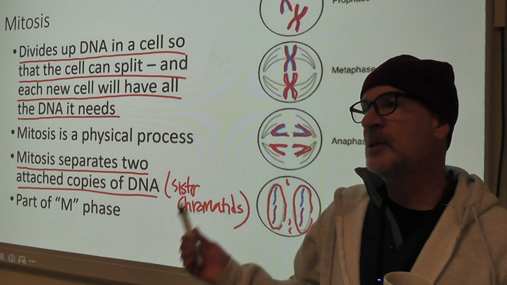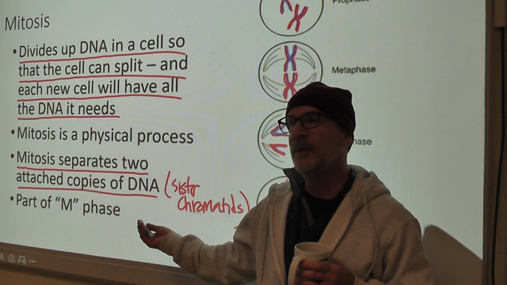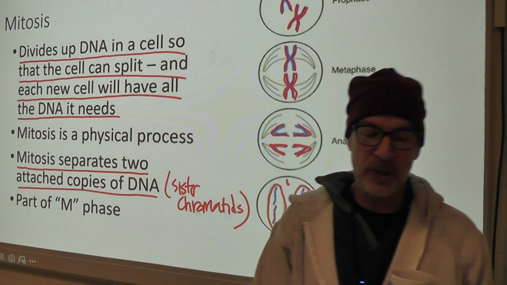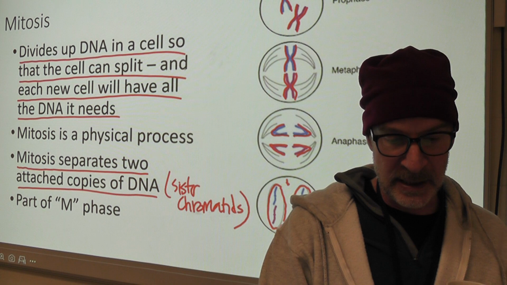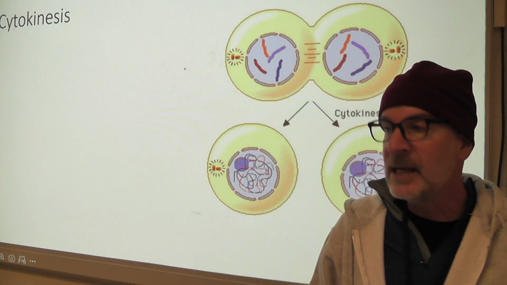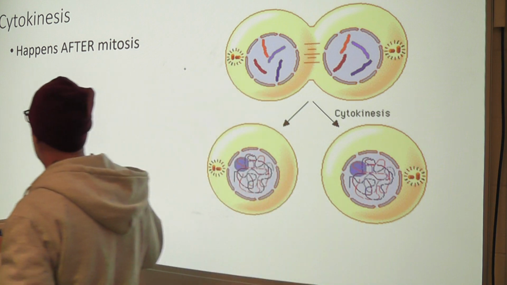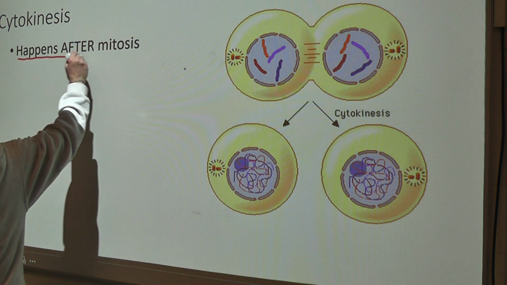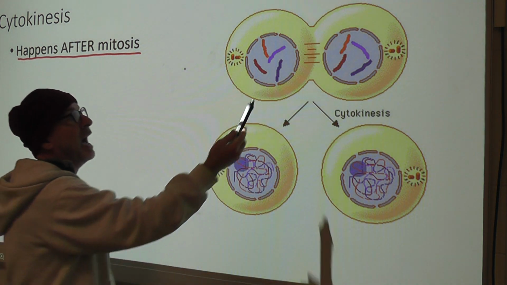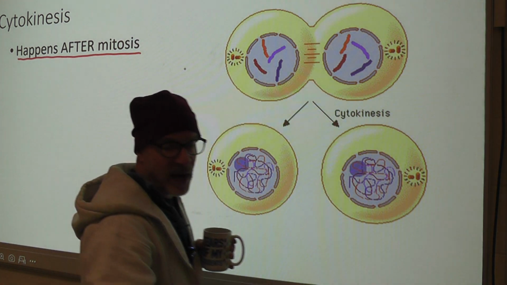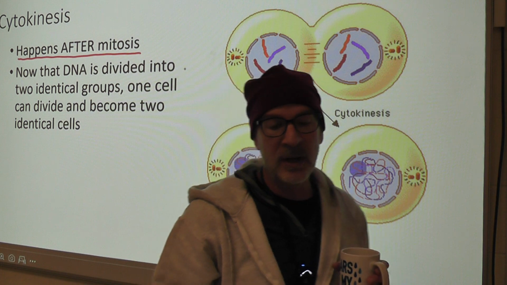And remember that this is part of that whole thing that we call the M phase, but it's not the whole thing. There's one last piece, which is called cytokinesis. And cytokinesis is what happens after mitosis has taken place. After the DNA has divided, cytokinesis divides up the rest of the cellular contents.